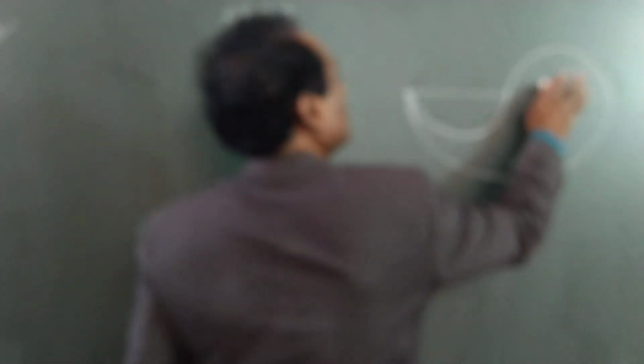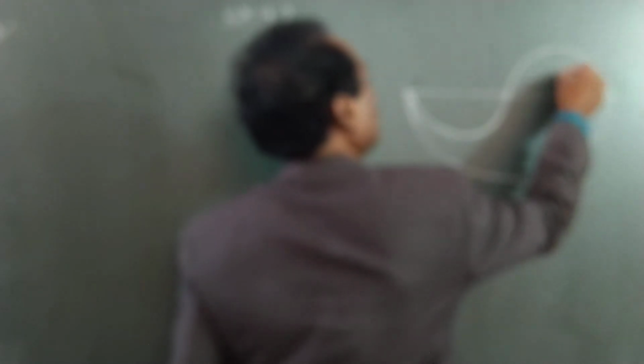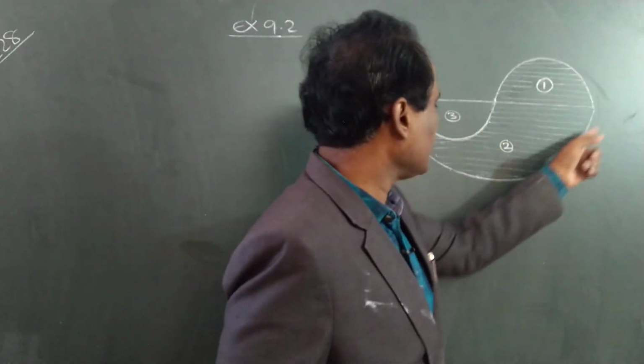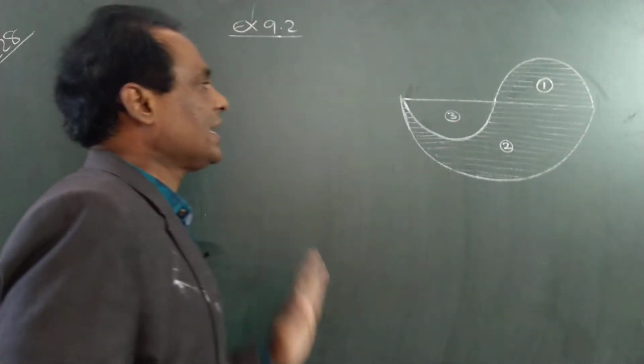See here. This is, say, portion 1. This is 2. Say this is 3. Like this. 2 means this total I am taking as 2. Now, see here.